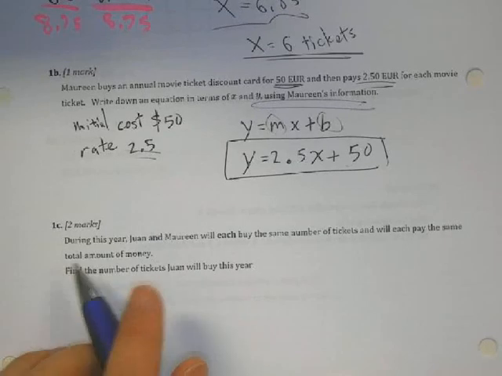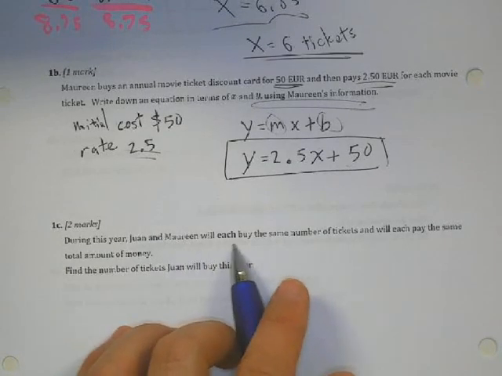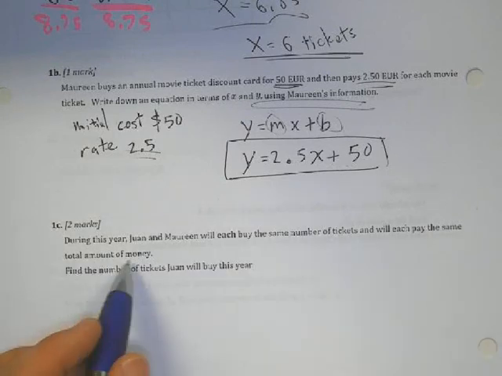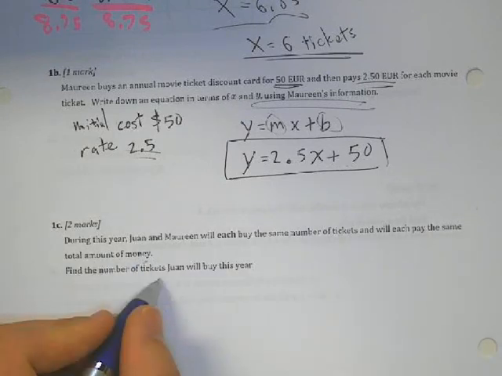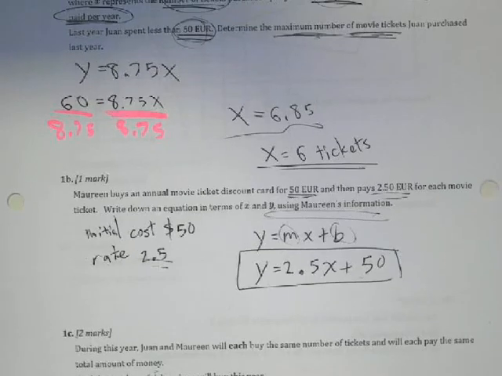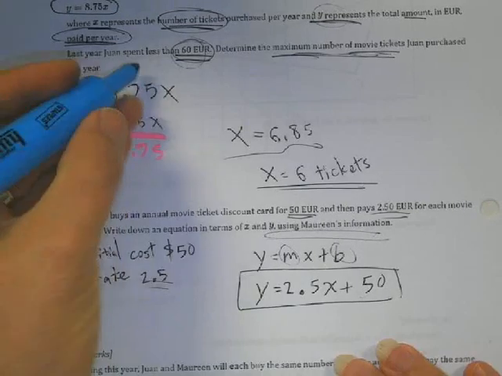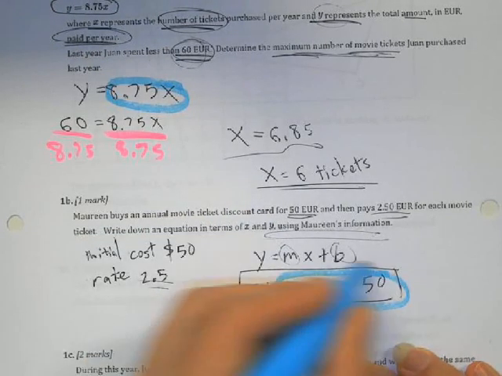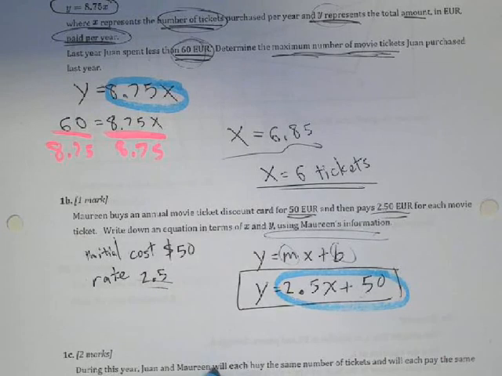Okay, during the year, Juan and Maureen each buy the same number of tickets and will pay the same total amount of money. Find the number of tickets when this happens. So basically, I'm going to take both of these equations, because we want to find out when they buy the same number of tickets.